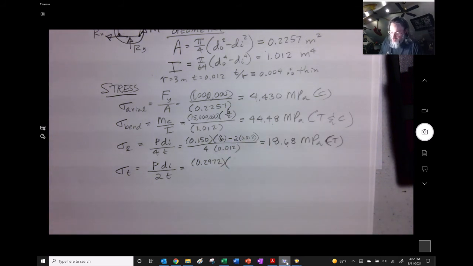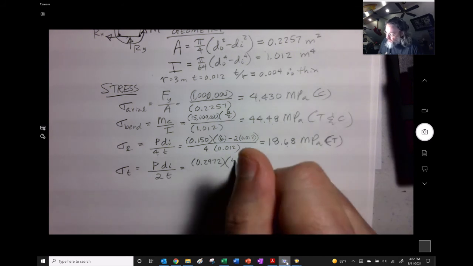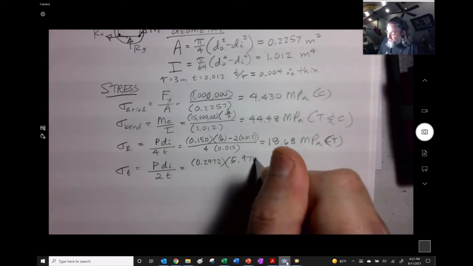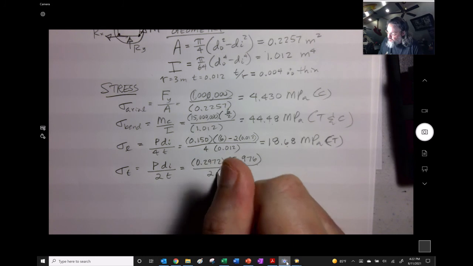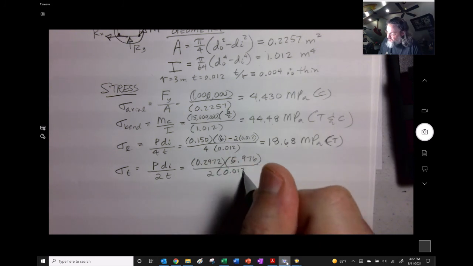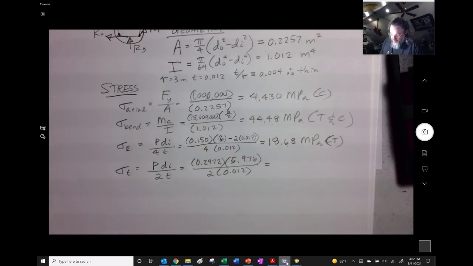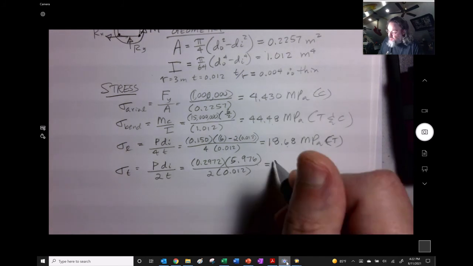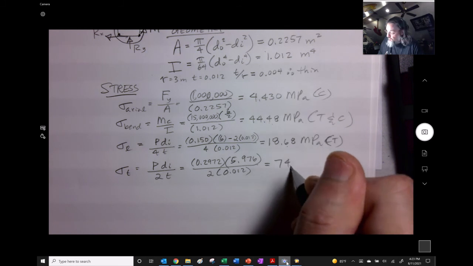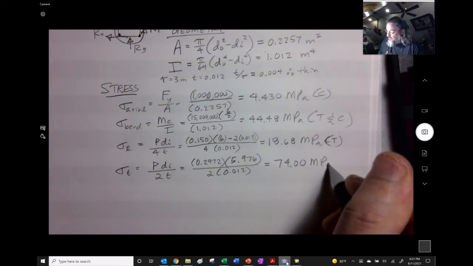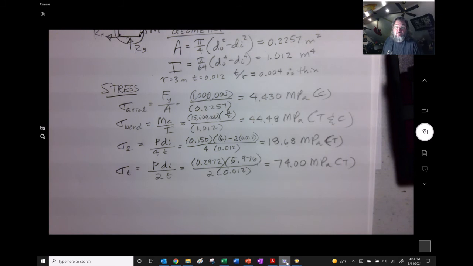I forgot to put it down. 6 and 0.012 times minus, here's our 5.976 divided by 2 divided by 0.012, and so 0.012 divided by 2 divided by 0.2972 times, and I get 74.00 megapascals, and that's in tension right there, right?